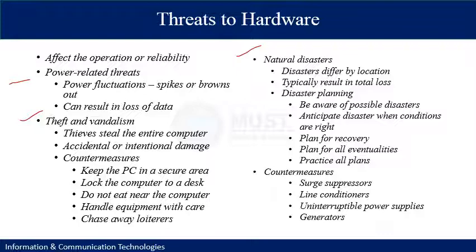And you should also practice all plans beforehand so that in a disaster you are well prepared and your systems are safe. You can use different countermeasures, such as surge suppressors, line conditioners, uninterruptible power supplies, and generators to back up your systems.